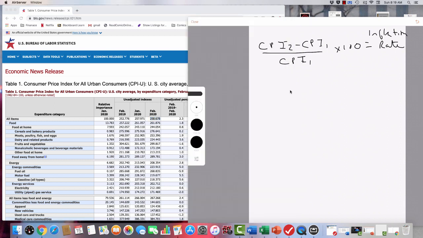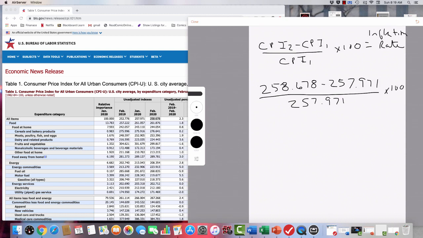So here we'll put 258.678 minus the January number, which is 257.971. Divide that by 257.971, and eventually we'll get over there to multiply it by 100.